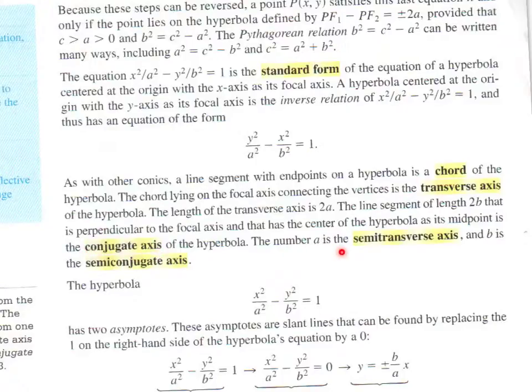The number a is also known as the semi-transverse axis, semi because it's half of the transverse axis. And b is the semi-conjugate axis. So if the conjugate axis is 20, then b would be 10, because semi is half of that. Okay?